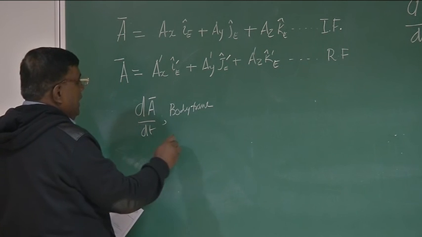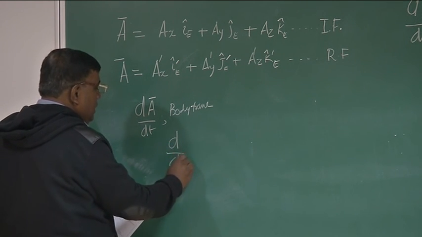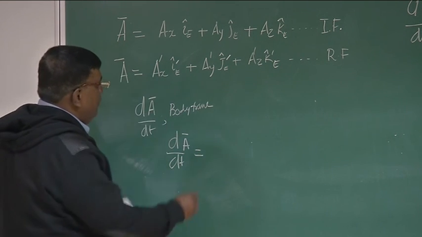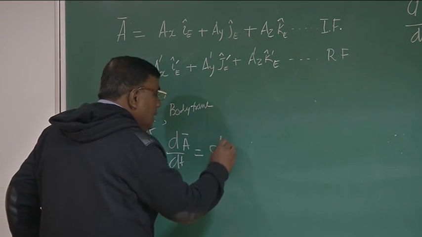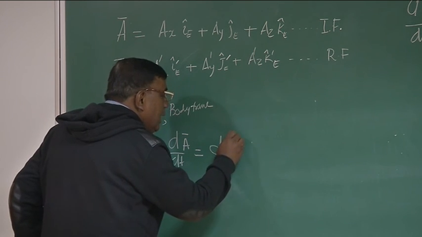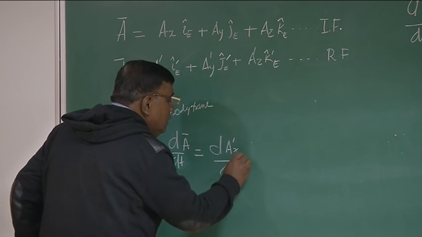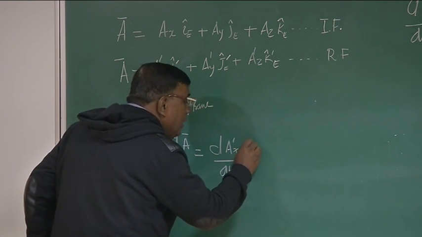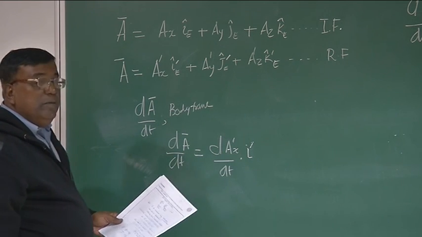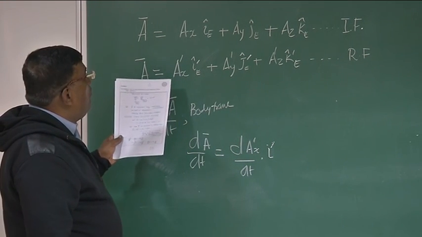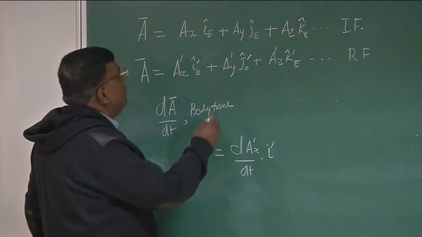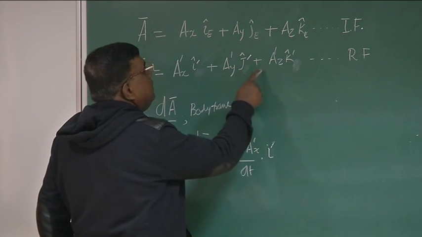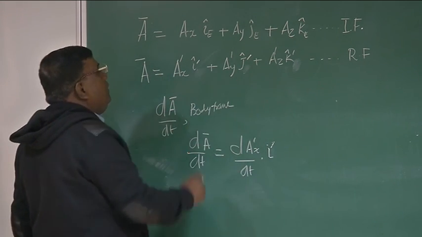So in body frame, d by dt A bar will be equal to d Ax prime by dt into I prime. What is I prime? I prime is the unit vector in the body frame. Oh, this should not be E. Okay, please correct it. This is wrong because this is not earth frame. This is a body frame.